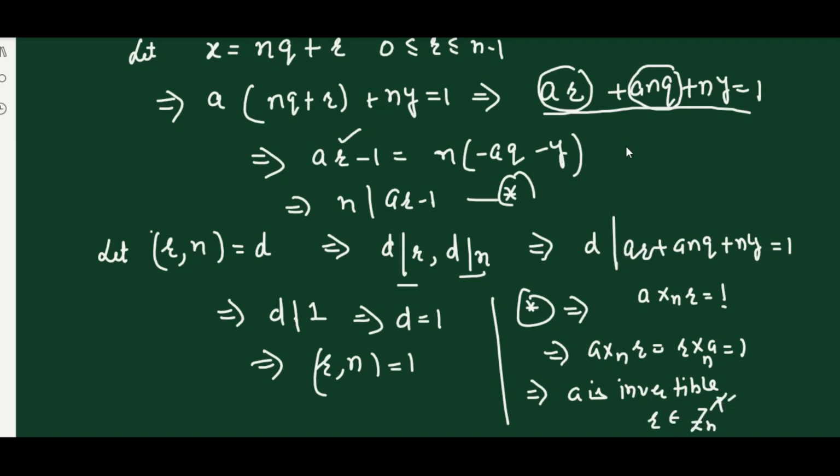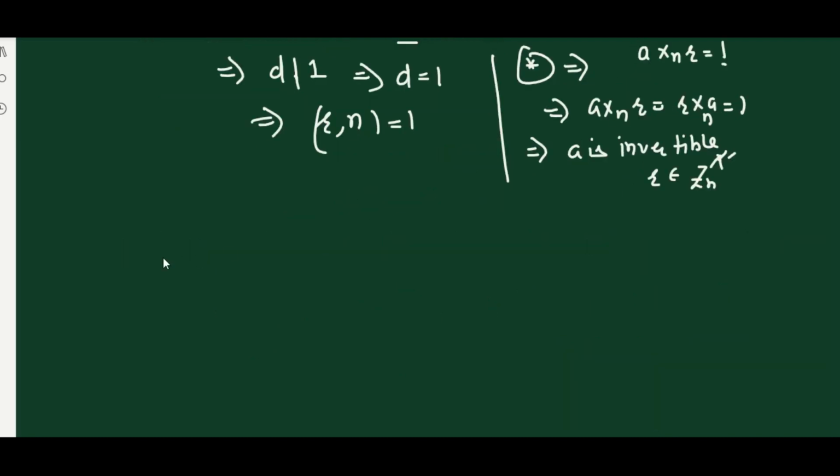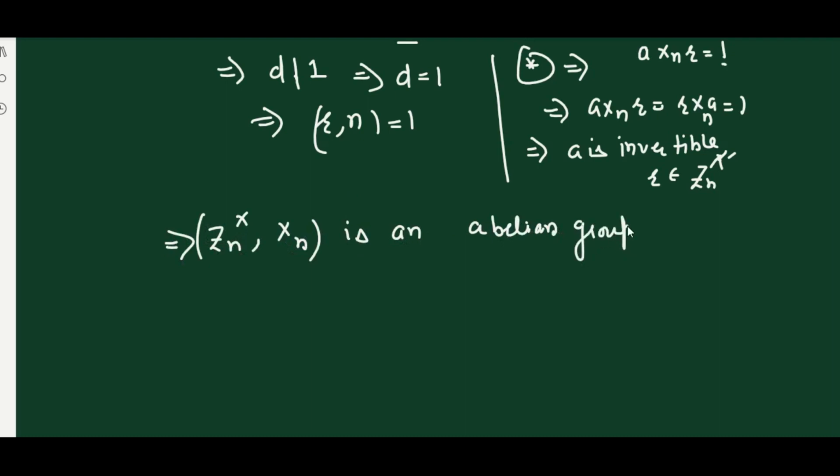It means Zn cross is an abelian group with respect to multiplication, with respect to this operation multiplication.